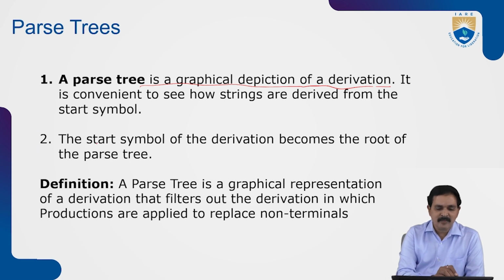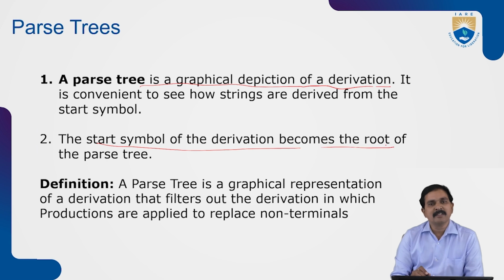The start symbol of the derivation always becomes the root node. Means in the given set of production rules, what is the starting production, what is the starting symbol, the starting variable, that becomes the root node of the tree.